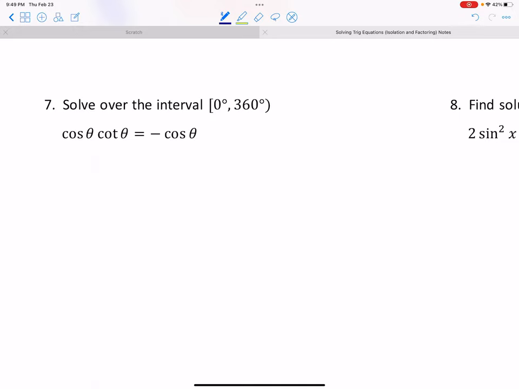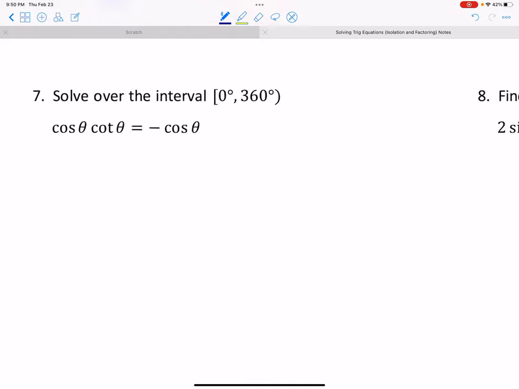Also, if the interval you're given is in radians, give your answer in radians. If it just says solve, give your answer in radians, unless it specifically says something pertaining to degrees, then we will use degrees. So the defaults are radians and all solutions, unless it says otherwise. If we restrict the domain or say degrees, then we'll do those things.